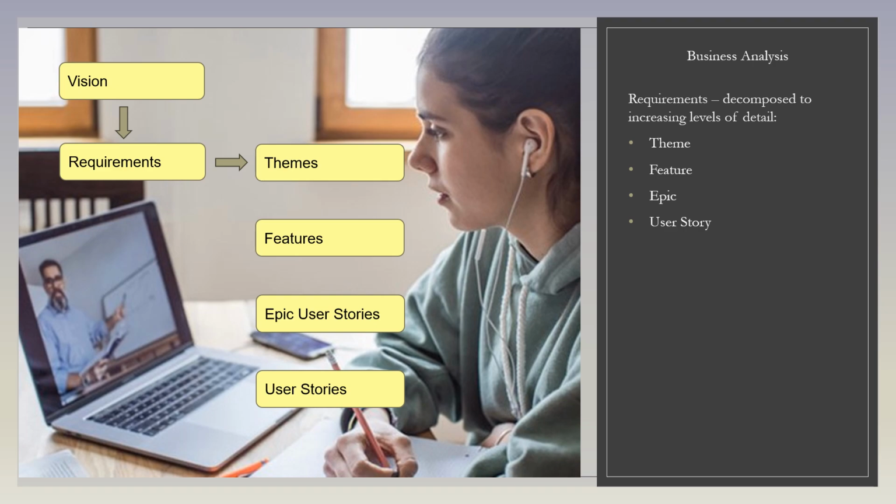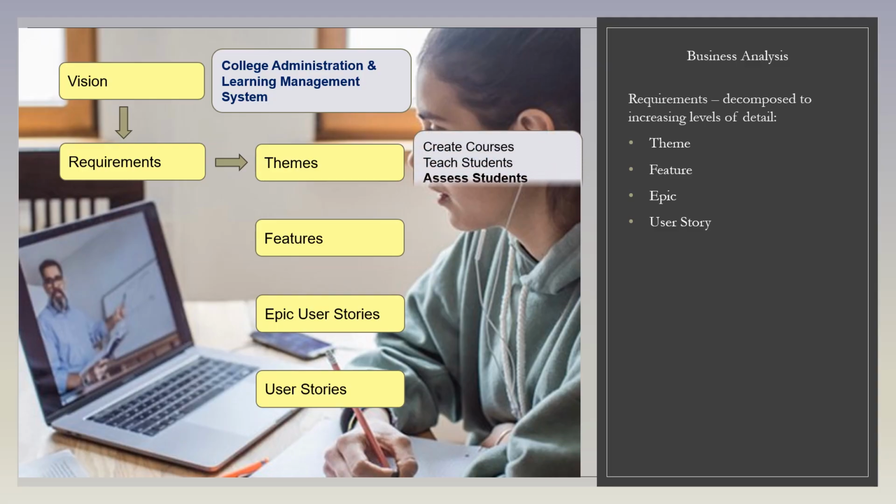The vision for this project is a new college administration and learning management system. There will be three main themes, three things the system needs to do overall: create courses, teach students, assess students.